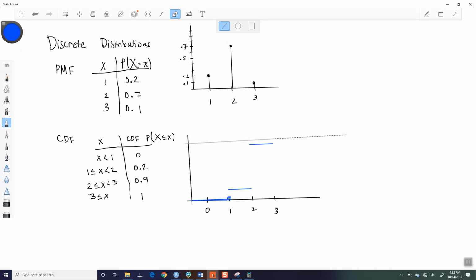And then above 3, we have a height of 1. Okay, so it might look something like that.